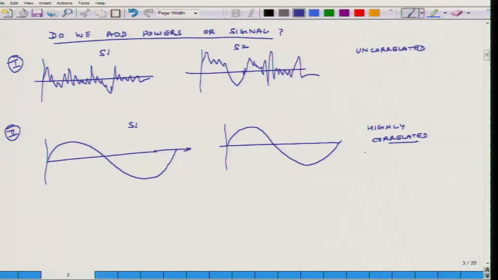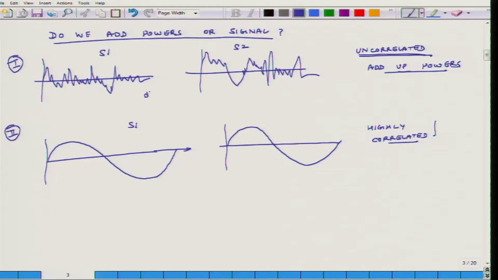So, in the first scenario, we cannot make any judgments about the amplitude. So, in this case we add up powers. Okay.